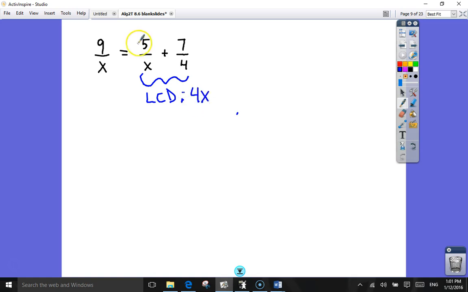So what do I have to multiply the first fraction by so that it has the LCD? 4 over 4. And what do I have to multiply the other fraction by so it has x over x?